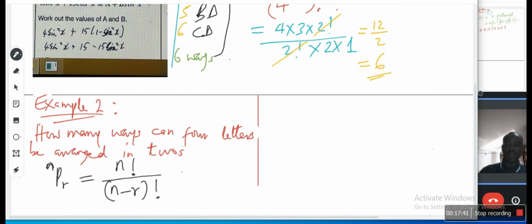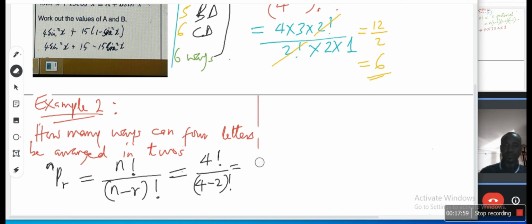So n permutation r is n factorial over n minus r factorial. This would have been 4 factorial all over 4 minus 2 factorial. And you see we'll get 12, because there will be 12 ways to arrange this.